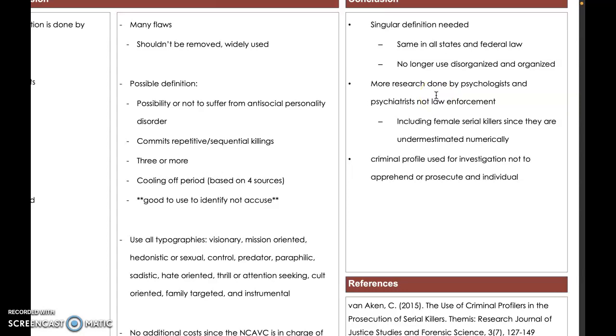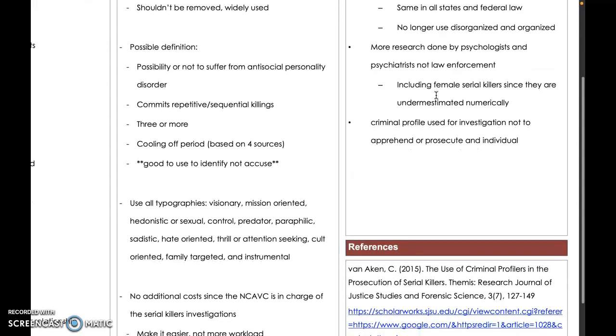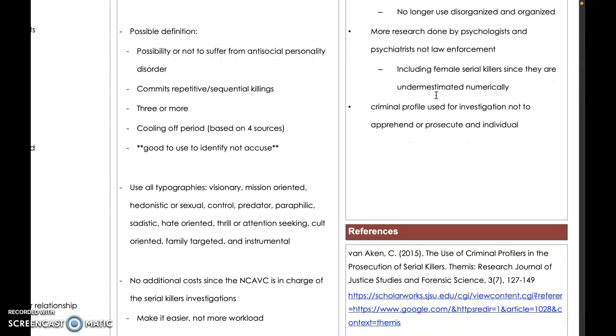They have degrees in this kind of field and are able to identify behaviors. Include female serial killers, since they are highly underestimated numerically. Then lastly, the criminal profile should be used for investigation, not to apprehend or prosecute an individual. So just to gather possible suspects, not to actually prosecute and use in a trial.